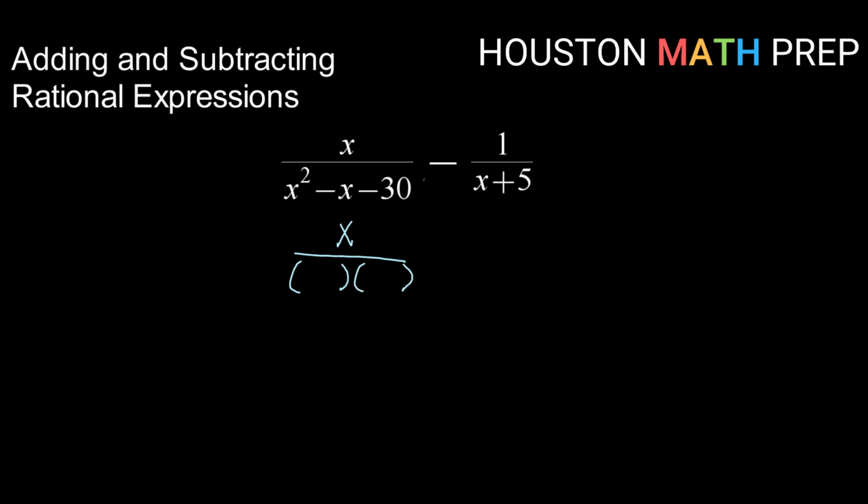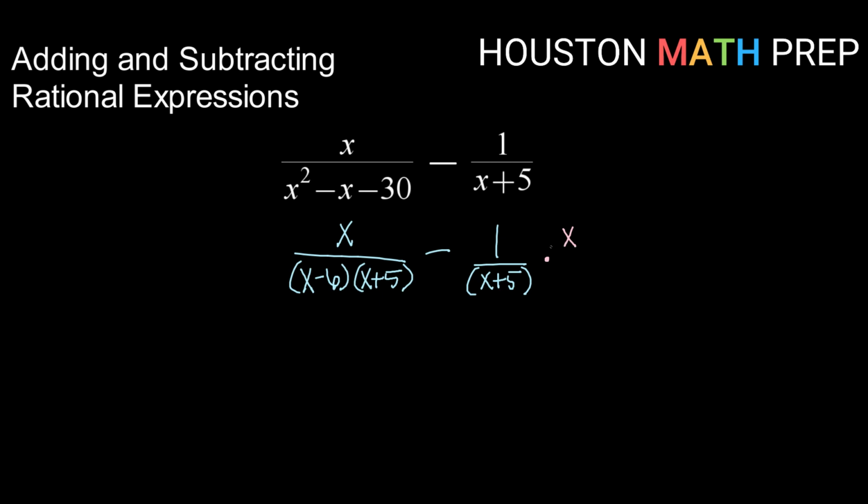So x squared minus x minus 30, that's going to factor to x minus 6 times x plus 5. And then we're subtracting 1 over x plus 5. So I notice here that we are sharing a factor of x plus 5 in our denominators. So only my second fraction is actually missing anything to have that common denominator.